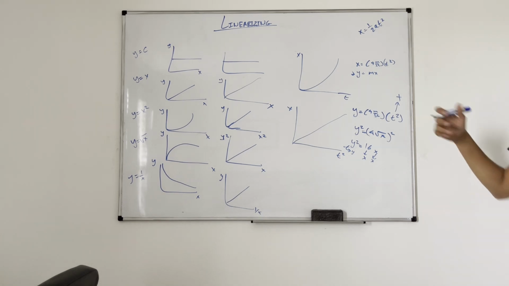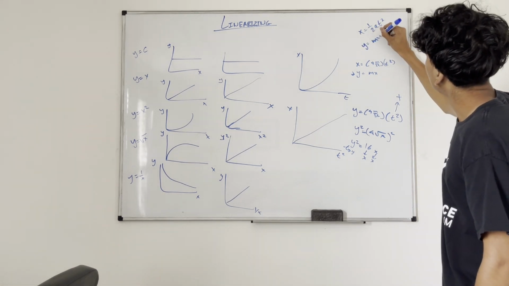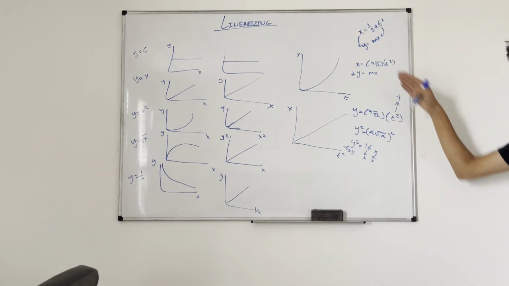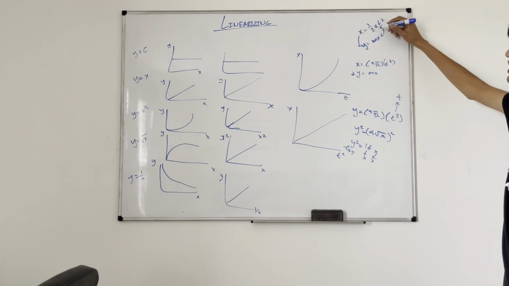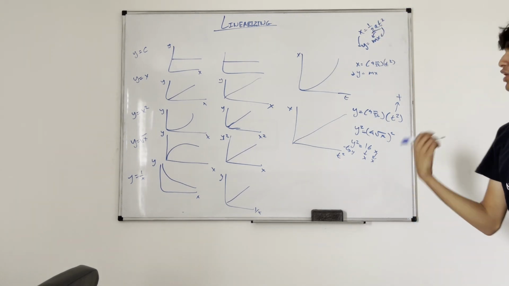So if this is y equals mx, and t squared is my x, and the position is my y, then this 1/2 a is going to be my m. That's going to be my slope.